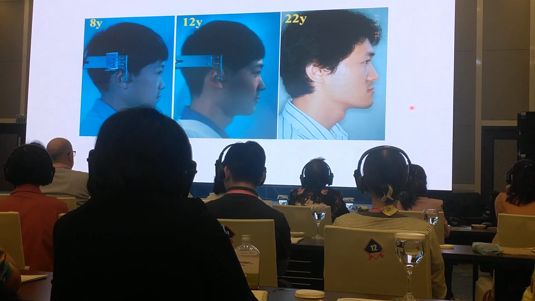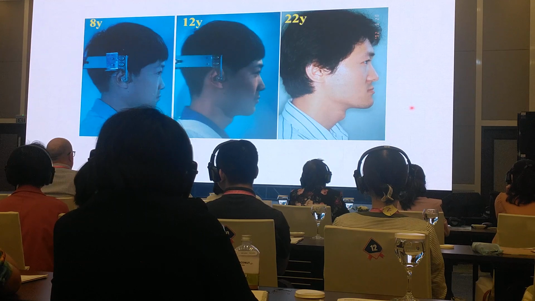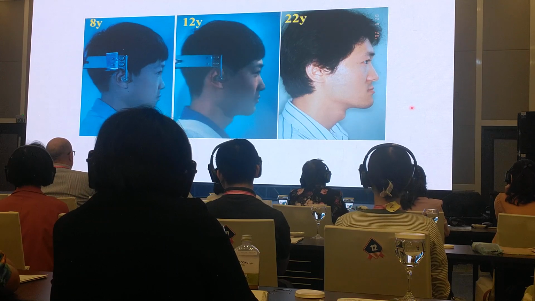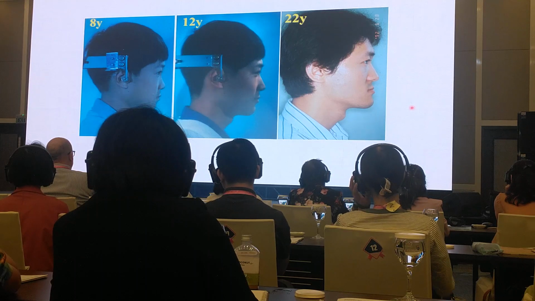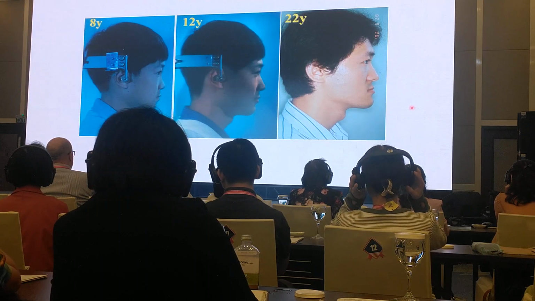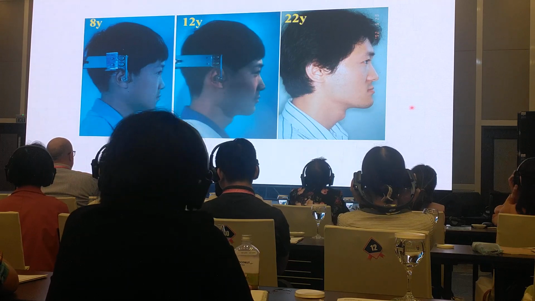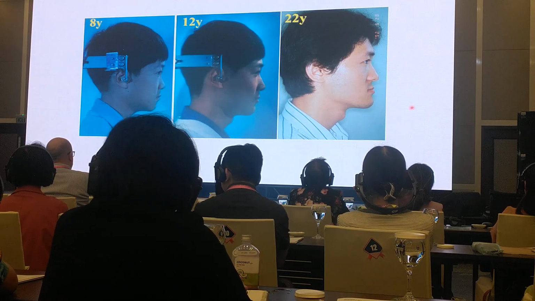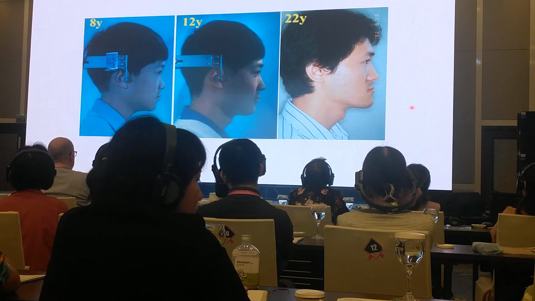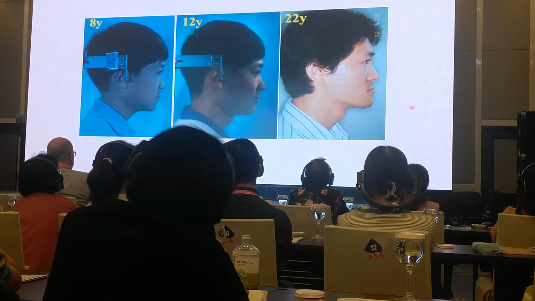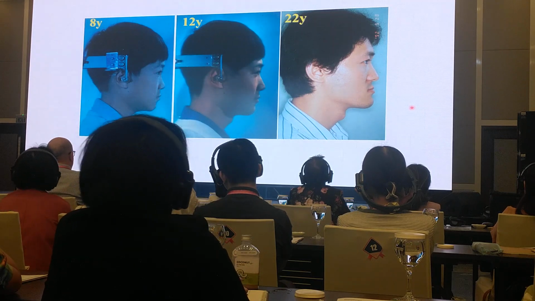I always ask this kind of patient when the bite changed like this, and many patients say, yeah, in my high school age, that means maybe 15 or 16 years old, the mandible went forward.